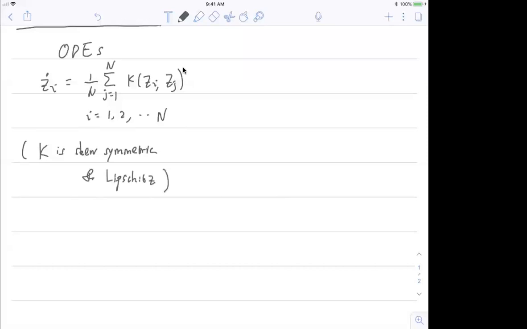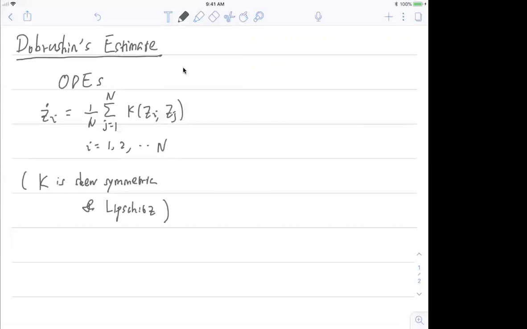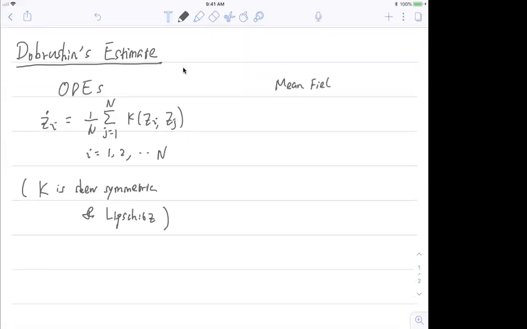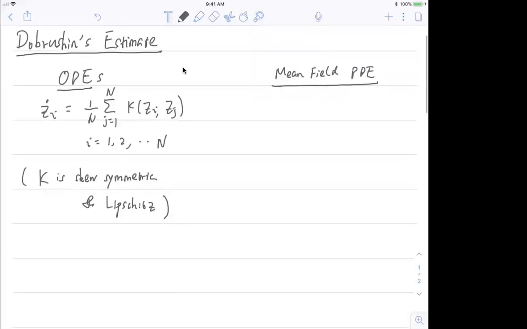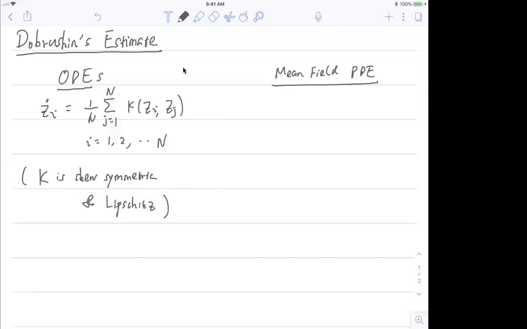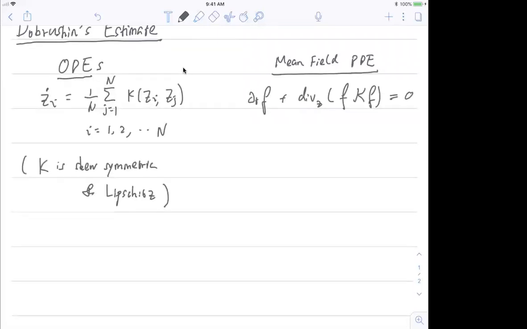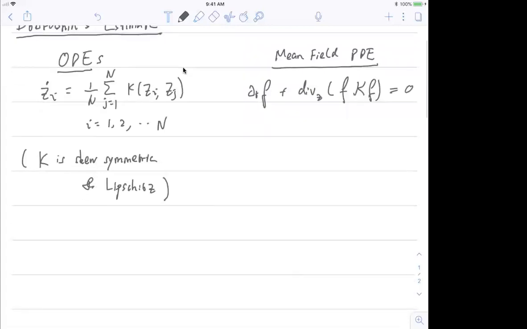Okay. On the other hand, our goal is to compare the ODE system with the mean field PDE. Last time I didn't talk about the intuitive idea of why you get the mean field PDE in this way. So here is the equation for F: partial t F plus kappa F dot gradient F equals 0, of course with an initial condition.